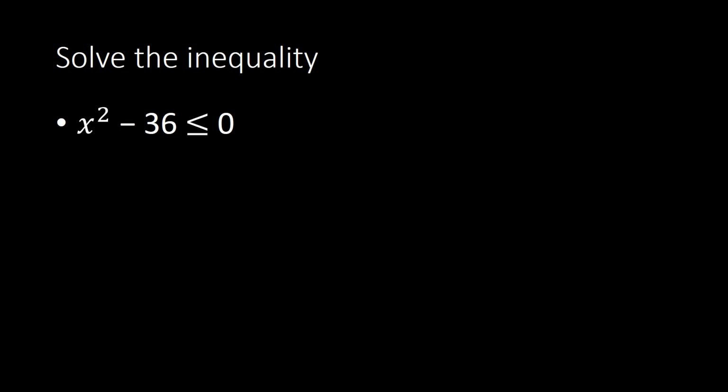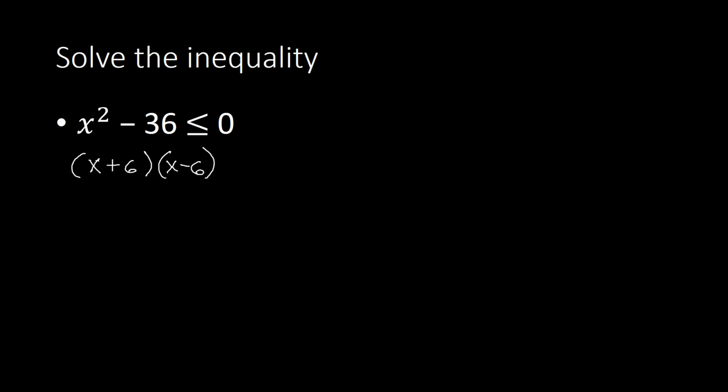This time we have x squared minus 36 less than or equal to 0. Again, we factor x squared minus 36. That is the difference of two perfect square binomials, so we have x plus 6 and x minus 6.